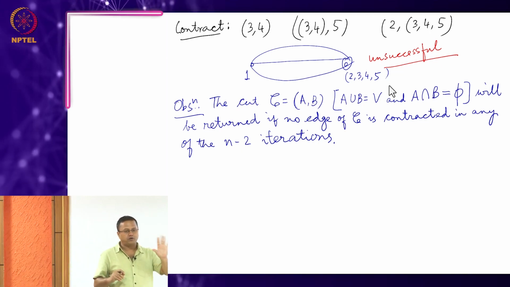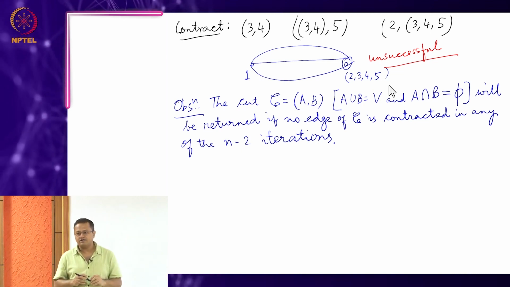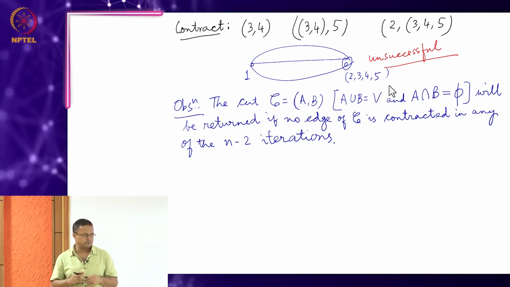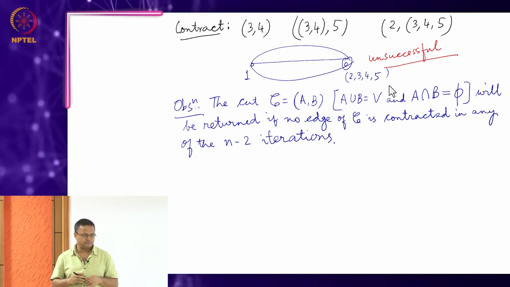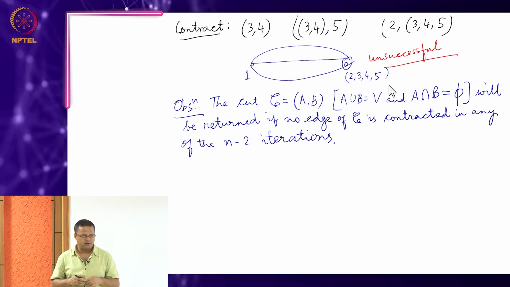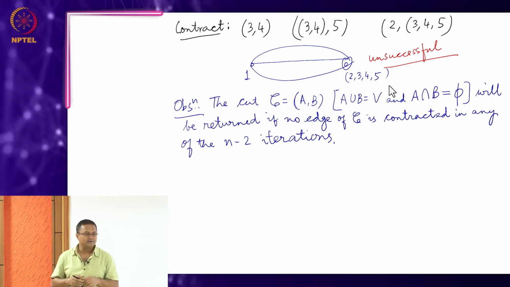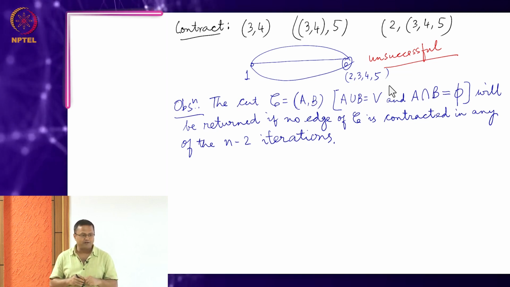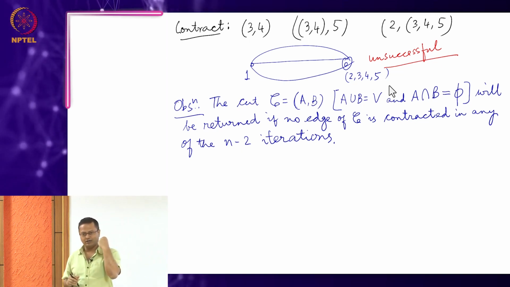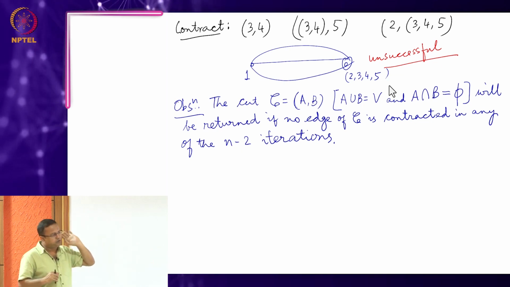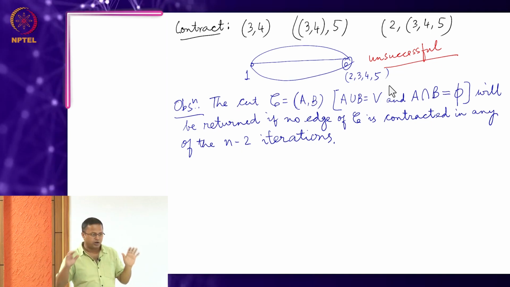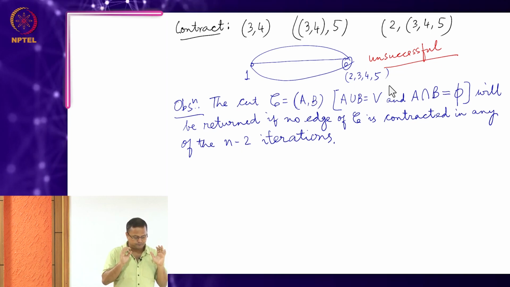If you have not touched any one of these min cut edges in any one of these n minus 2 iterations, you are done. Agreed? Okay. But this is now a probabilistic event, right? You may touch with certain probability, you may not touch with certain probability, because you are picking edges uniformly at random. So somewhere down the line I need to figure out the probability, so think of modeling this as a random process.